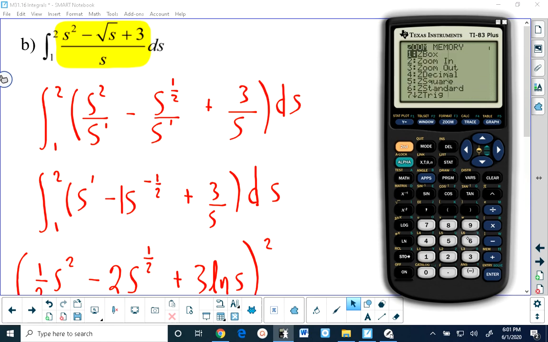I'm going to choose to go zoom 6. No idea what this is going to look like. That's an interesting graph. Now I'm going to evaluate the integral from 1 to 2. And I get 2.751014. That was the same number we got when we calculated it. So the answer is right.